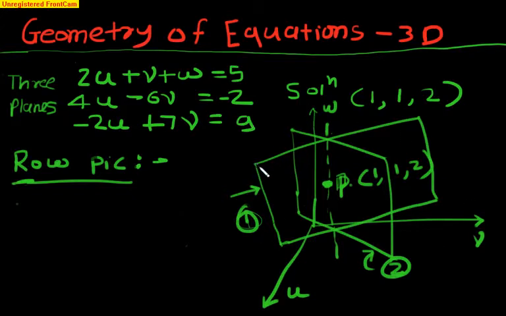This equation represents plane number 1, and this second equation represents this plane number 2. The intersection of these two planes is nothing but a line. The third equation also represents a plane, but I have not drawn it. It makes the figure very complicated to understand.